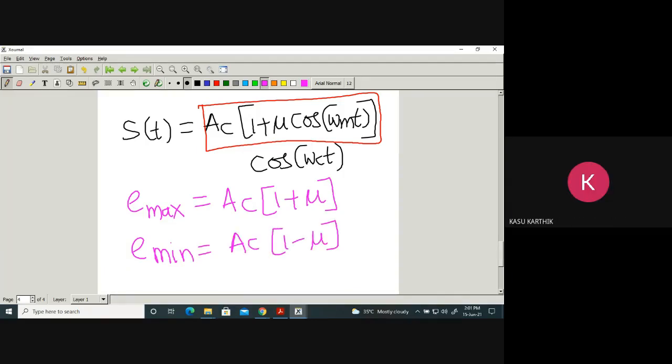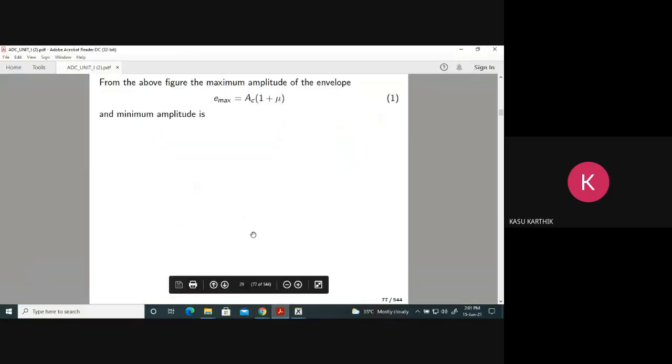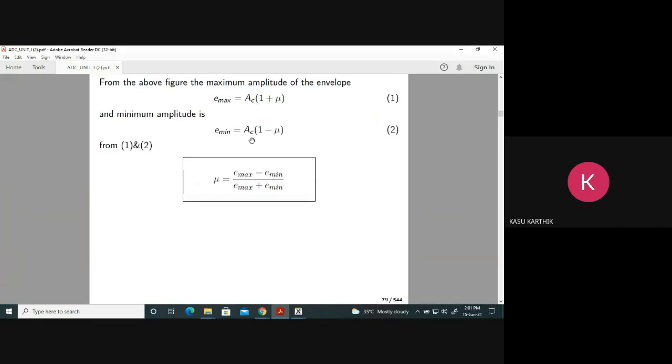Now from these two equations you have to find out mu. So you can find out, right? That is very easy now. This is the maximum and this is the minimum. So this is the mu formula from these two equations: mu equals E maximum minus E minimum by E maximum plus E minimum.